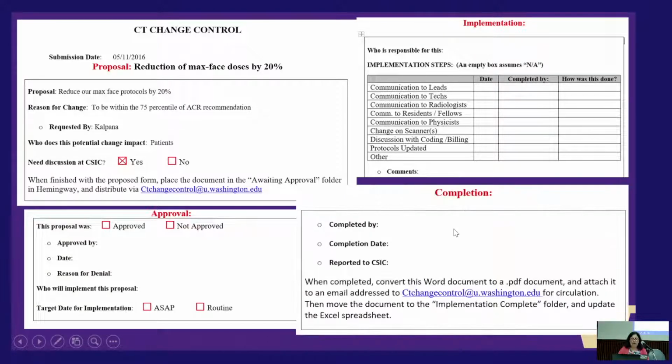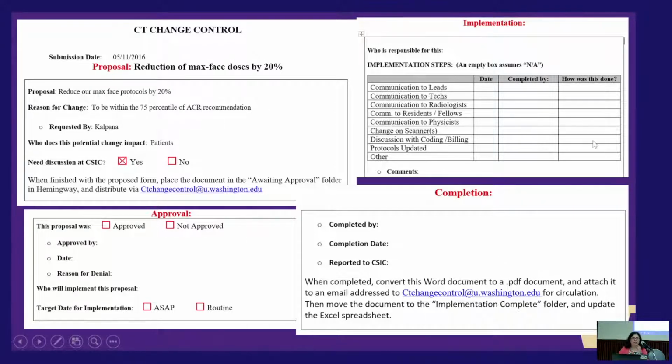So we had a very formal process for implementing any change discussed during protocol review with these forms. And then this would be sent out and everyone could know that this is what's going to change, starting whatever date.